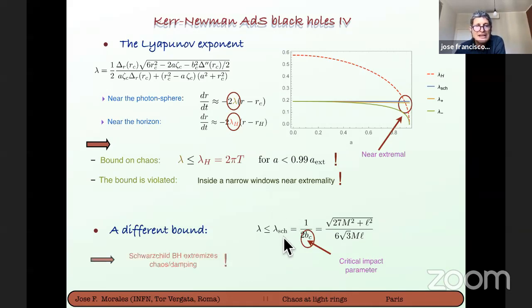Then this suggests that maybe the Schwarzschild black hole is an extreme, the most chaotic solution in gravity. And we will find later more evidence in favor of this universal bound.